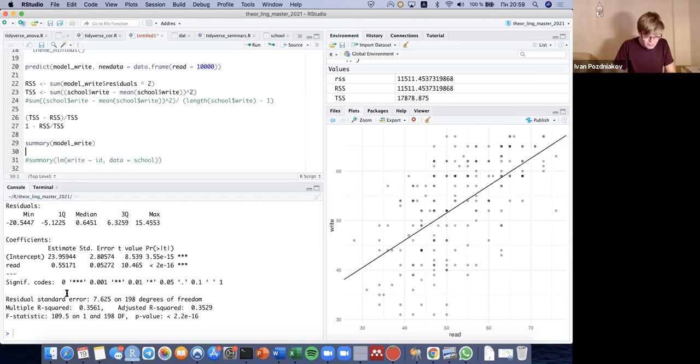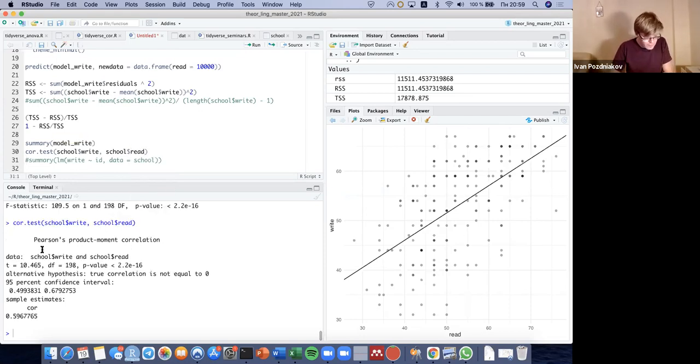We can try cor.test, school dollar write and school dollar read. We have a correlation coefficient of 0.59 and something.